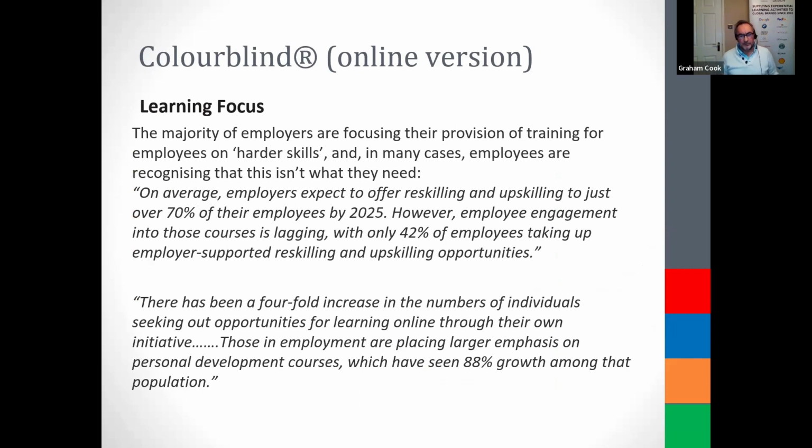One of the first bits of travel I did post-COVID, I was at a learning and development technology conference in the US just at the tail end of last year. There were representatives from the big tech companies, so Google, Amazon, and so on.